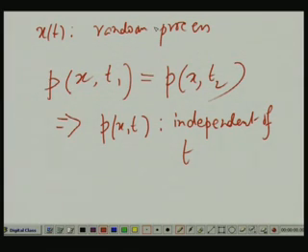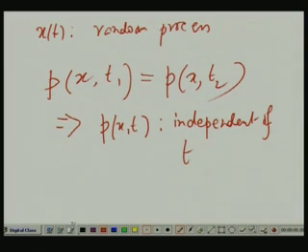But when it is strictly stationary, it is not only the individual statistics that is independent of time, that is, you observe the same thing at various time points, but the joint statistics also should be time invariant.